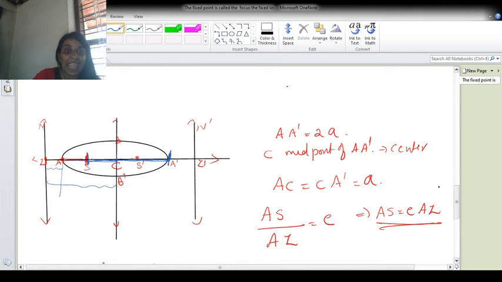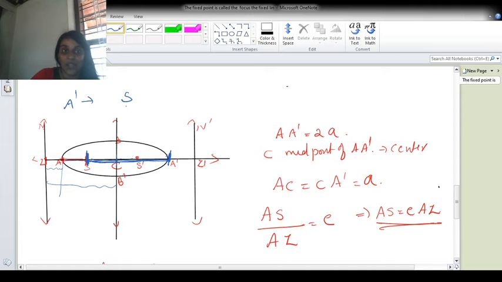A dash S is a distance between a point of the ellipse and a fixed point. A dash is a point of the ellipse, S is a fixed point.